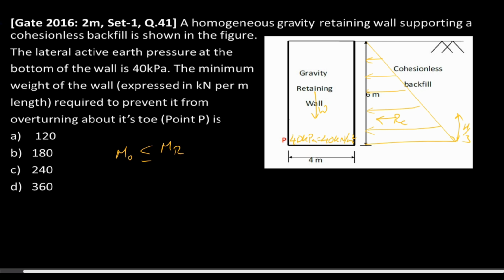The overturning moment happens due to the cohesionless backfill, which is RC into H by 3, which should be lesser than or equal to the resisting moment, which is W into 2, the weight of wall into the center distance.